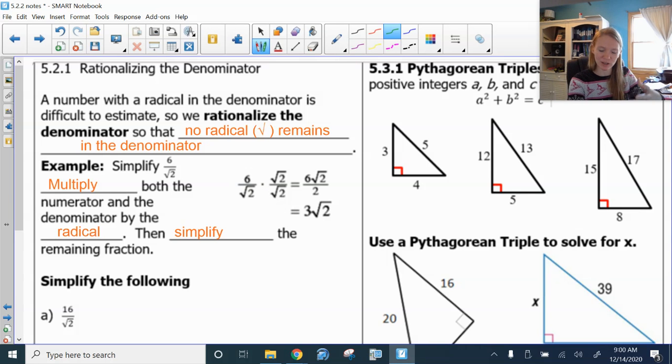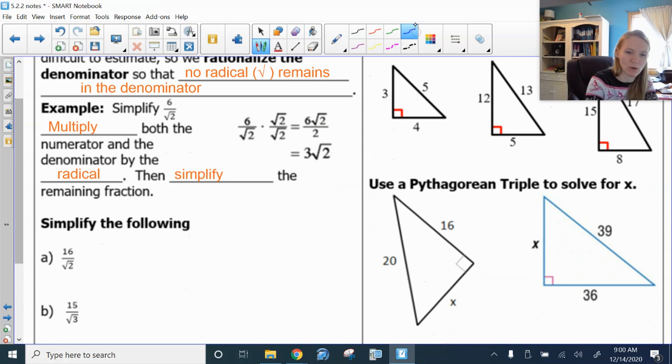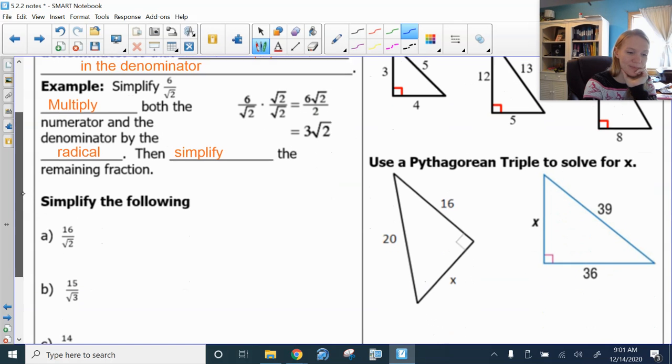Just like when you change fractions, if I had 6 over 4 and I wanted to make it something over 12, I'd multiply top and bottom by 3 to change the denominator, because you're really just multiplying by a version of 1. So if I multiply top and bottom, I get 6 root 2 over 2, and I'll explain that in just a second, and then I can reduce 6 and 2 to get that 3.